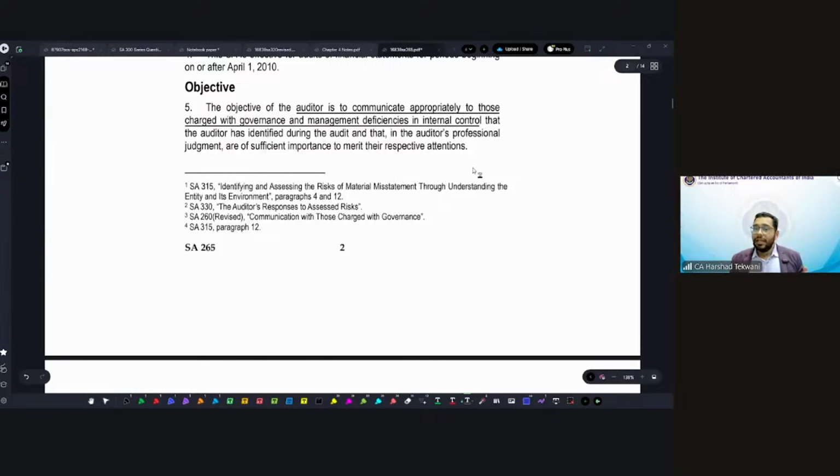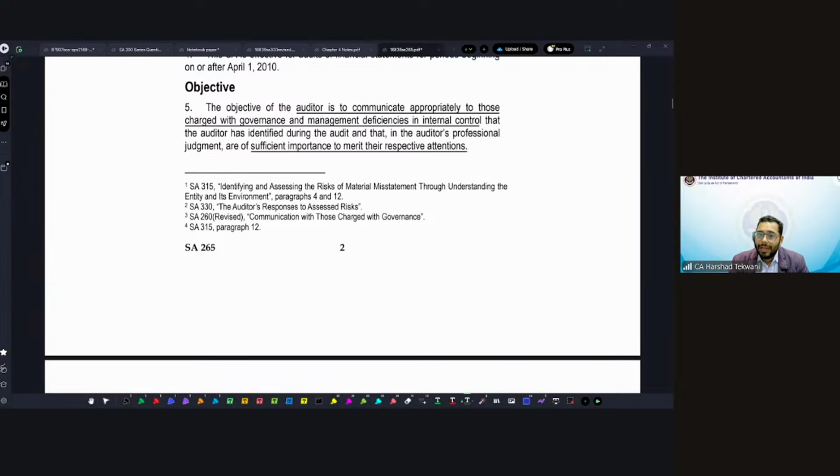I will only inform those charged with governance if they are significant deficiencies, or sufficiently important to merit their attention. I may inform all the deficiencies to management, but I will only inform the significant deficiencies to those charged with governance, because those charged with governance will be provided only significant information.